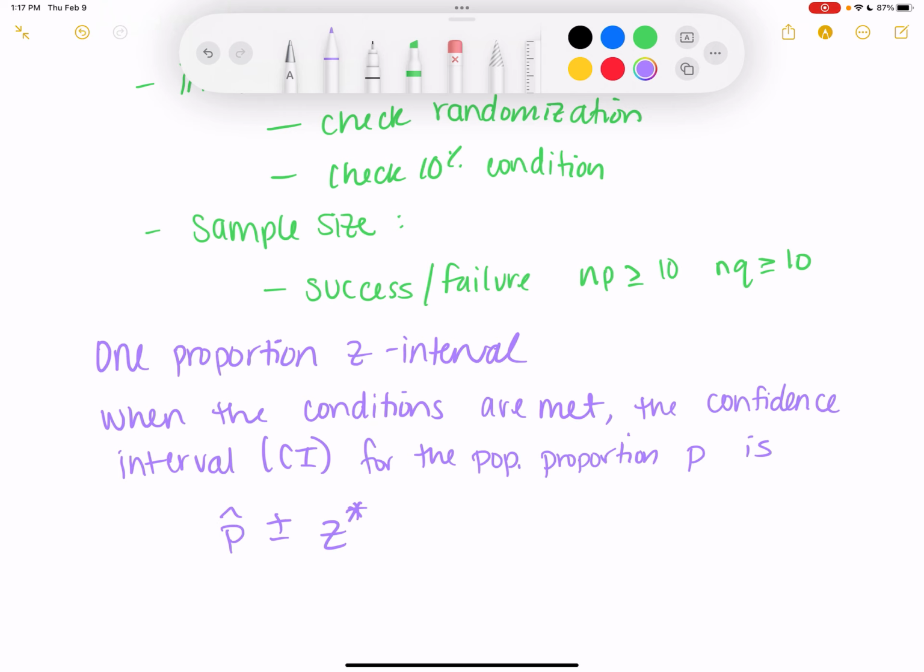If it asks for 95% confidence, that would be 1.96. It's different for other confidence levels. Times standard error of p hat, where standard error of p hat is equal to the square root of p hat q hat over n.